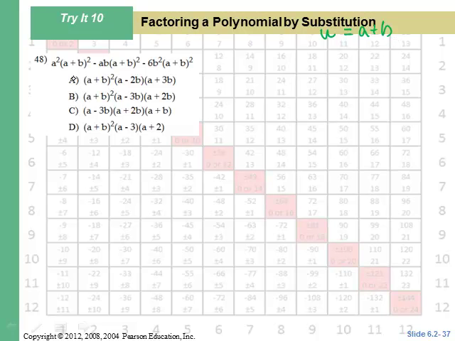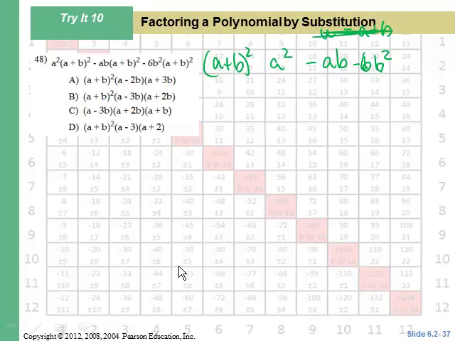Well, hold it. We can take an a plus b squared out of everything, and we're left with a squared minus ab minus 6b squared. So we don't need a substitution in this case because we can just factor this.